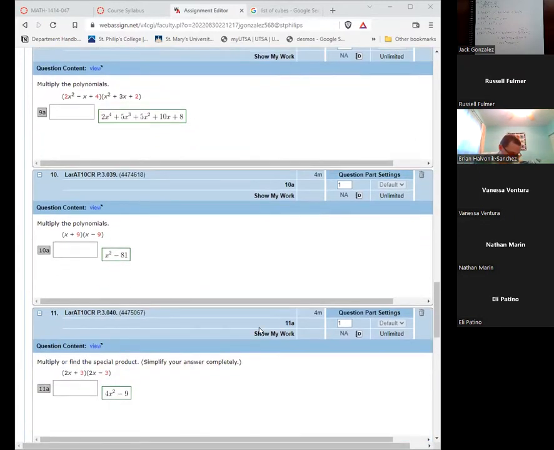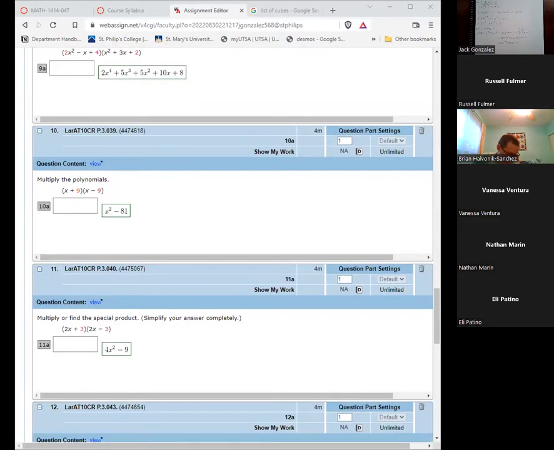Anyway, let's move on. These are special products right here. This is basically the formula that I wrote earlier. A minus B times A plus B is always going to be, doesn't matter what order, the difference of squares, right?